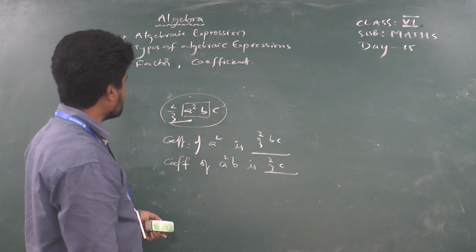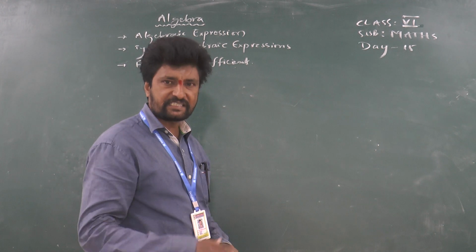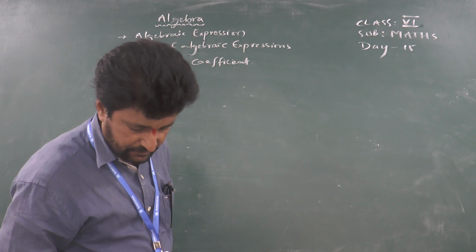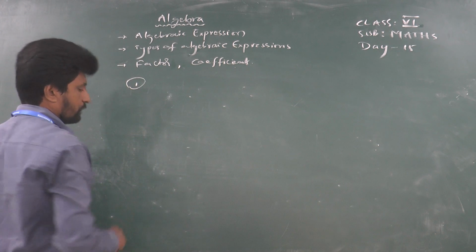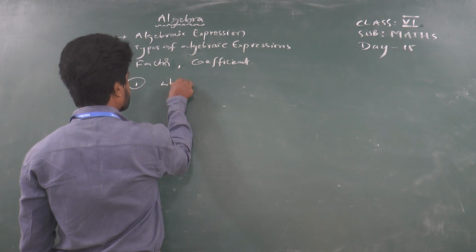Okay, now this is the coefficient, and let us see some problems based upon these concepts. Let us take the first one. Which of the following is an algebraic expression?